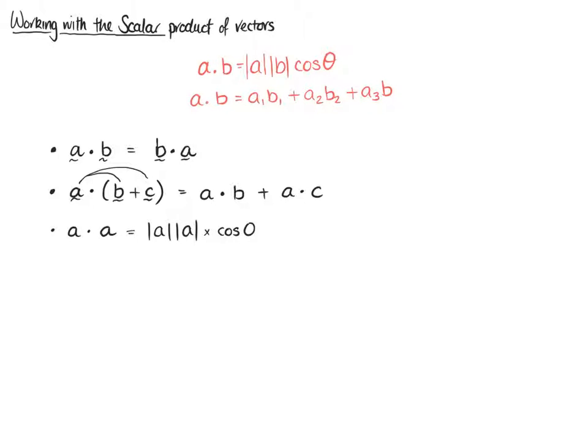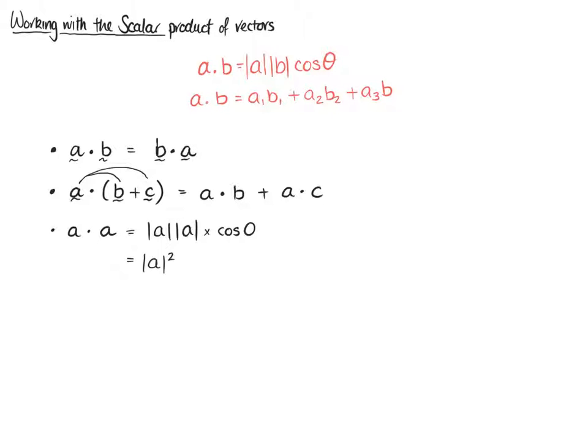So it's the magnitude of A times the magnitude of A, so it's the magnitude of A squared. You can do that straight away to give yourself an easier time working with some of these scalar product questions. All three of these things are there to make scalar product questions easier and as ways to manipulate the questions if we need to.